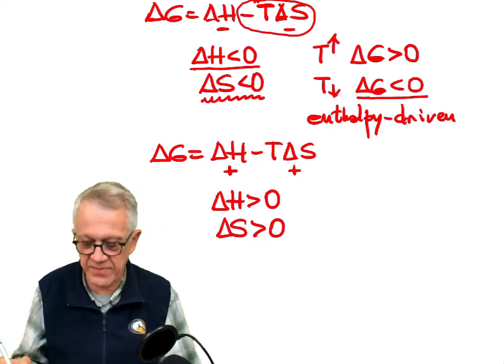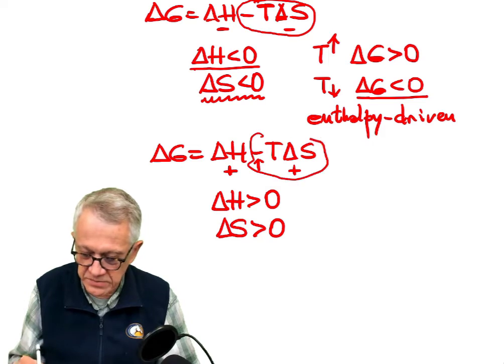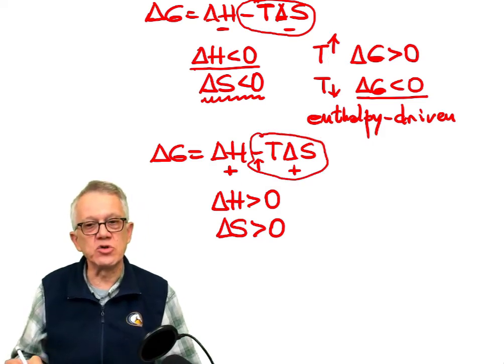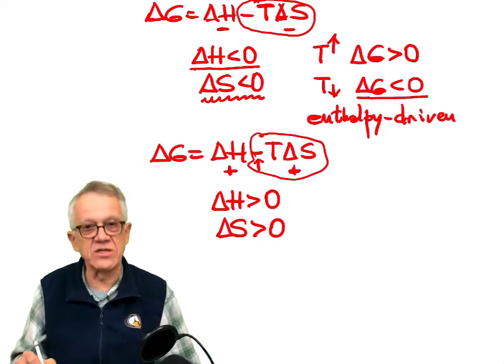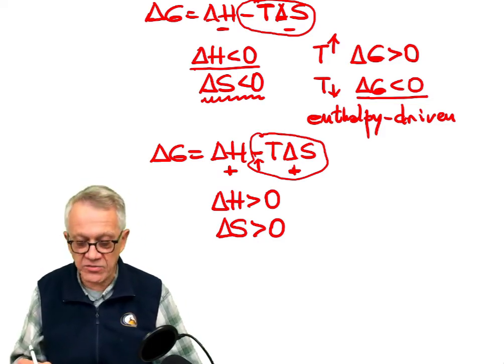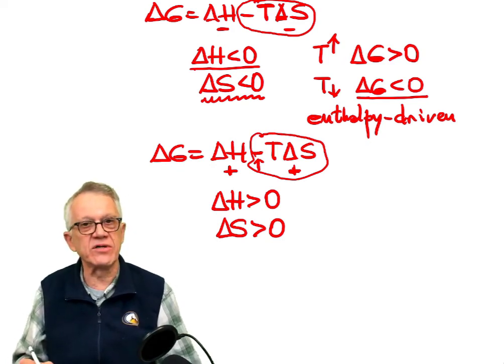So what's going to happen here? Again, it depends on the T because of this sign here. This whole term on the right is going to be negative because of this plus, but this is minus. It's going to be negative. The question is, is it going to be negative enough to counter the positive value of delta H or not?